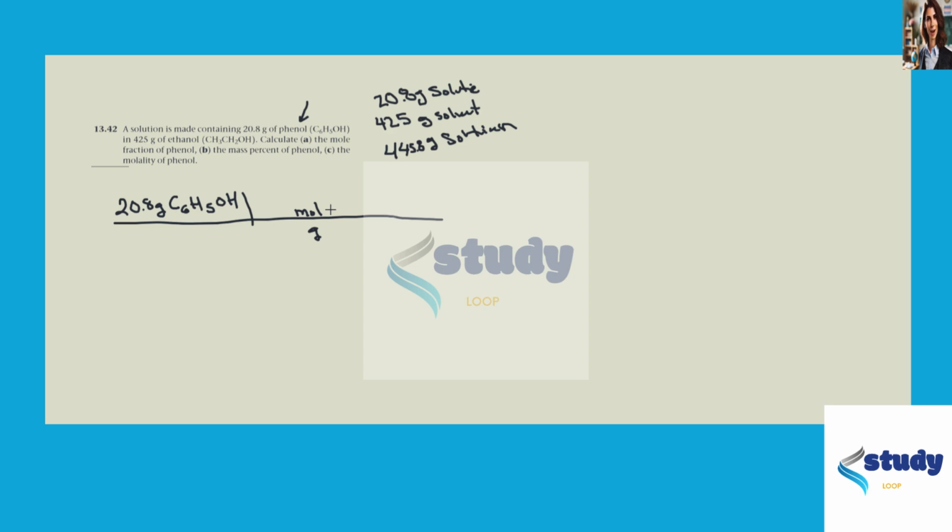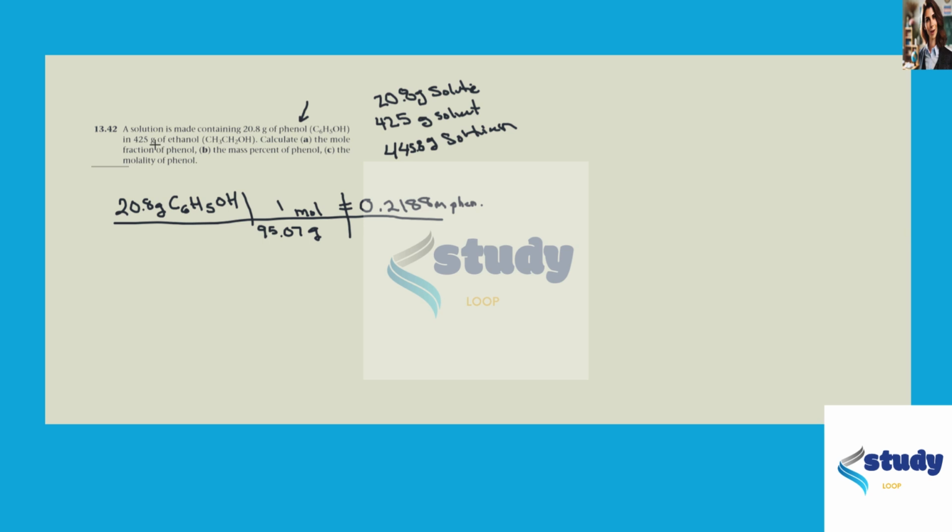So that altogether calculates out to a molar mass of 95.07 grams for every 1 mole. So let's convert that phenol now. 20.8 grams divided by 95.07 gives us a mole, not molarity, 0.188 moles of our solute, which is the phenol.